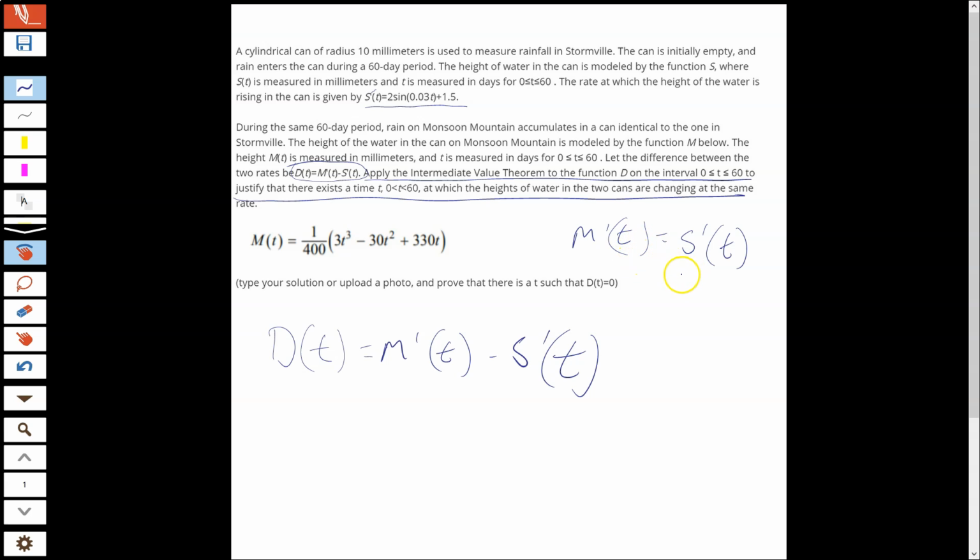Well, if I subtract s prime on both sides here, I get m prime of t minus s prime of t equals 0, right? So what we want is for this function to be equal to 0 if they're changing at the same rate.